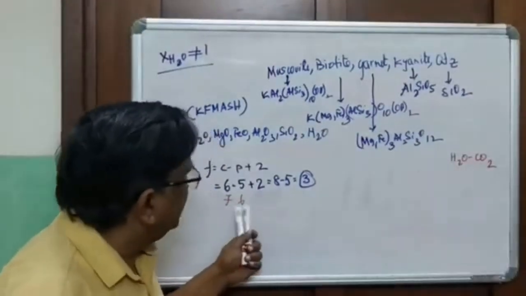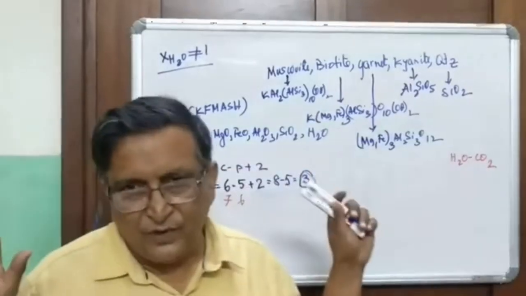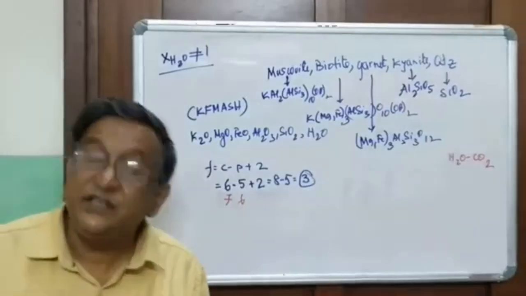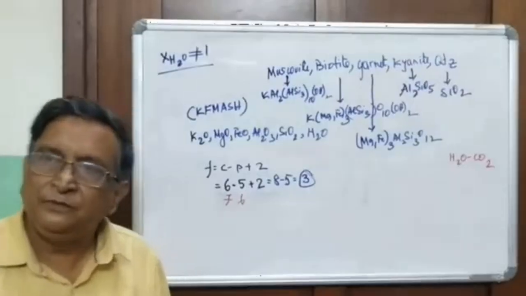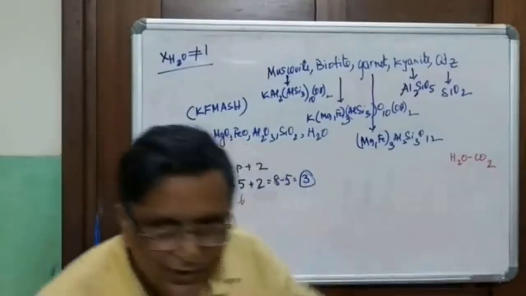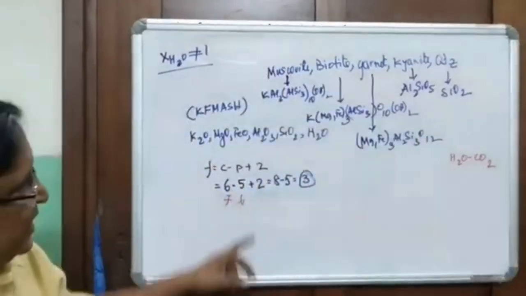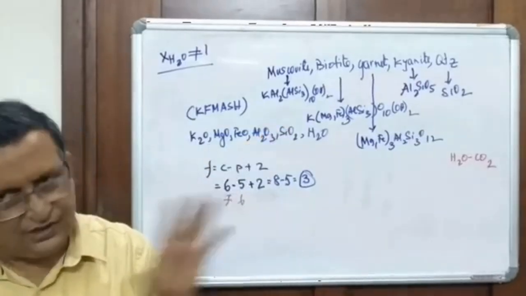Then the Gibbs phase rule says, okay, I know what you've done, but that's it. Variance does not change. Why doesn't it change? Because in the blue case, XH2O is a variable. And if you take an H2O-CO2 fluid phase, XH2O is still a variable. In both cases, it's a variable. Gibbs phase rule response: your variance does not change.